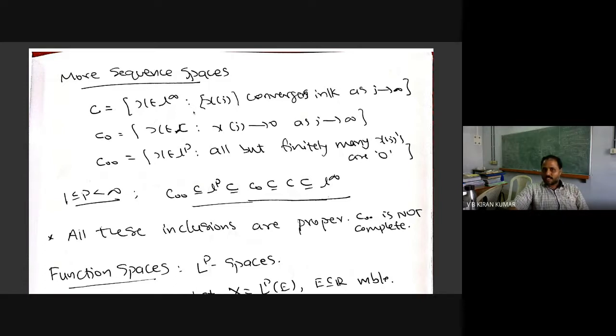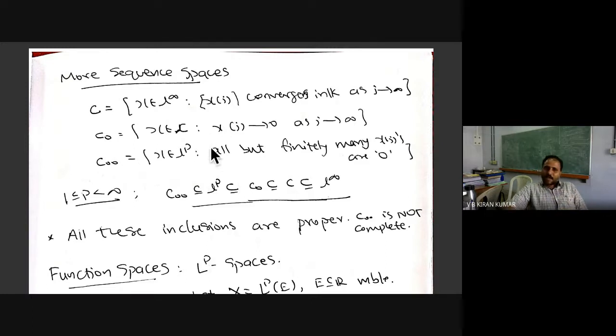C0 means you demand something more. Here you only demand convergence; there you demand that it should converge to 0. That is also simple: when two sequences converge to 0, their sum and scalar multiple will also converge to 0. So it's a subspace, and it gives you another sequence space.